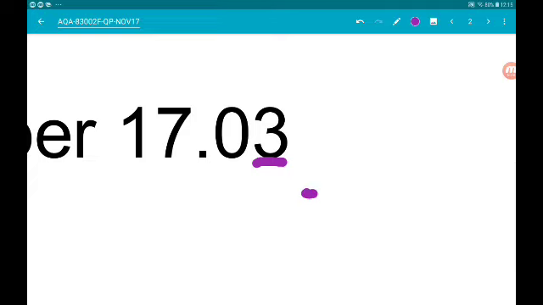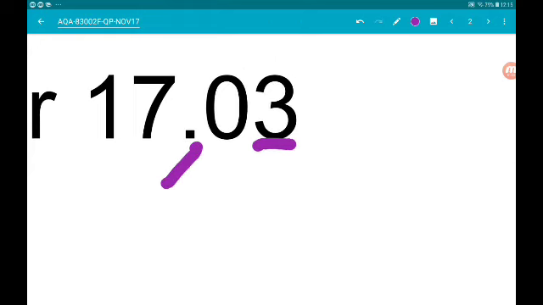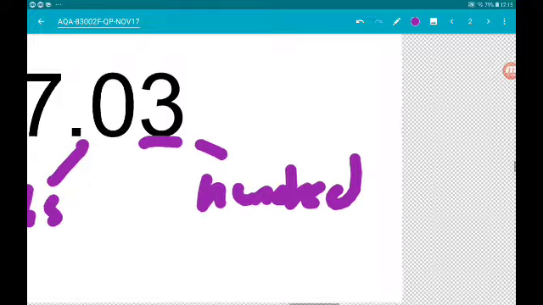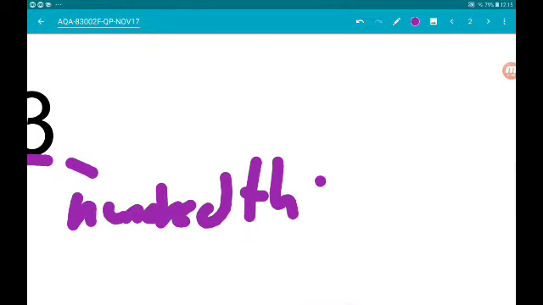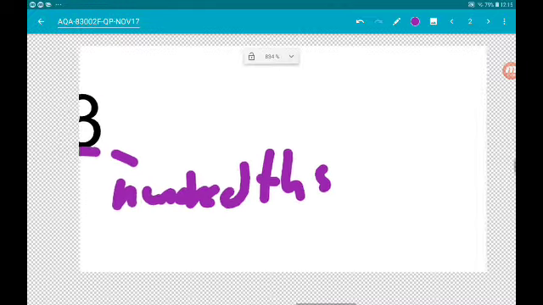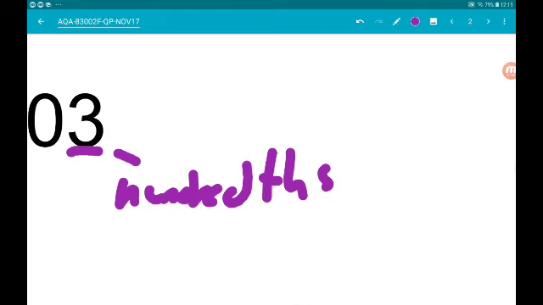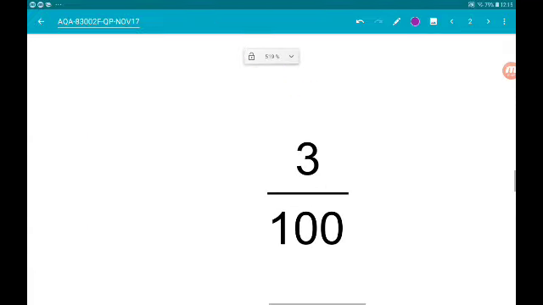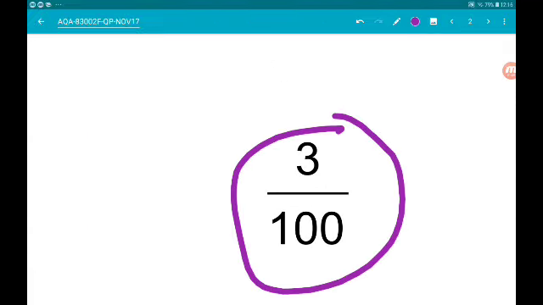Okay, so after a decimal point, the first column is tenths, the second is hundredths, so we've got 3 hundredths, so it's 3 over 100, which is the ideal.